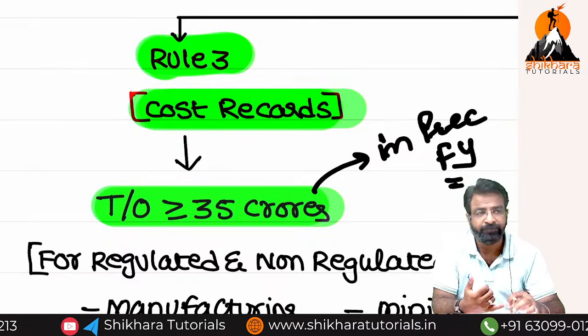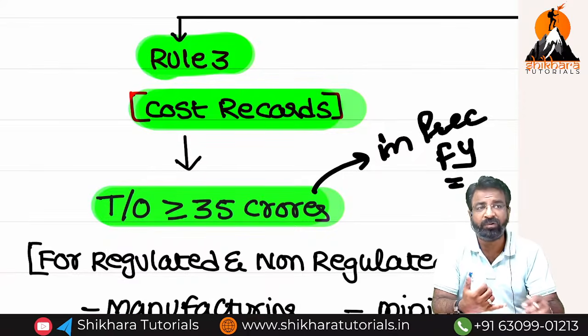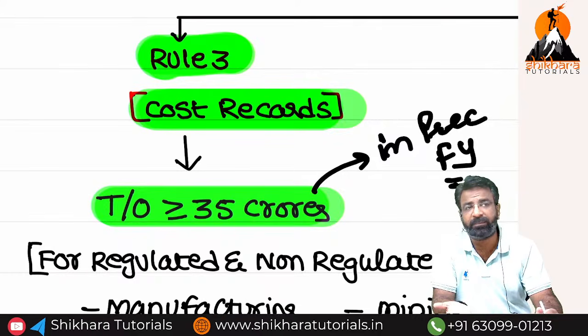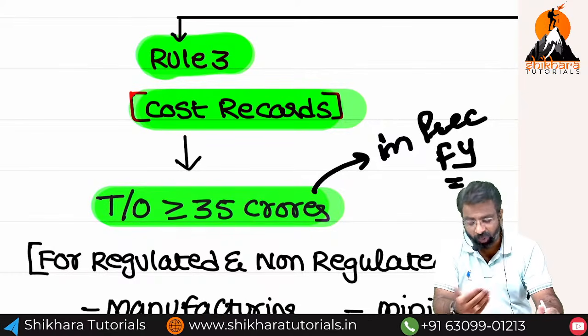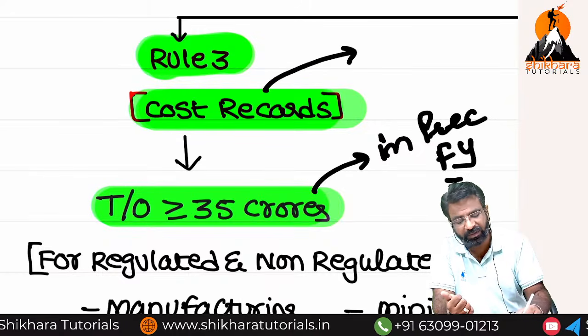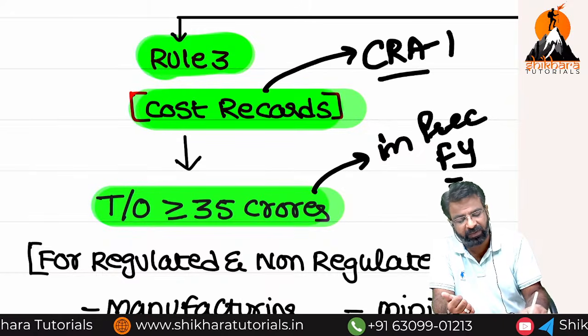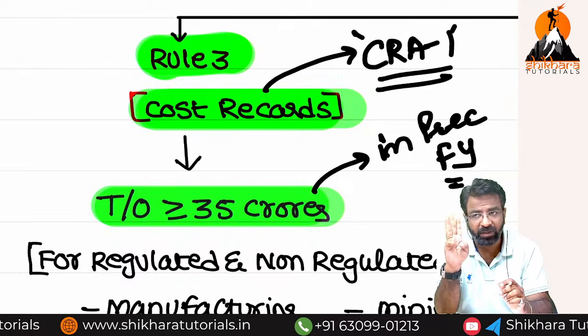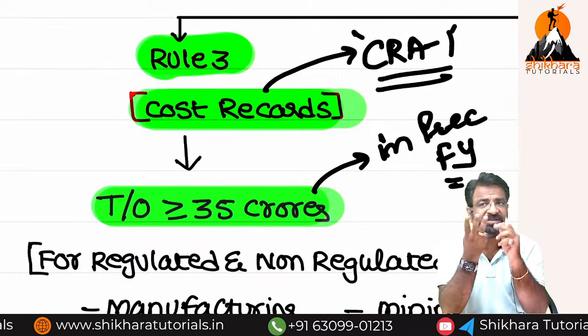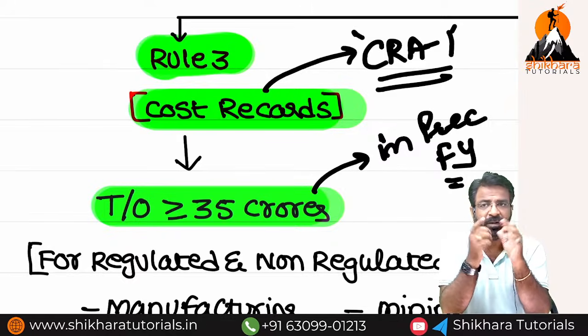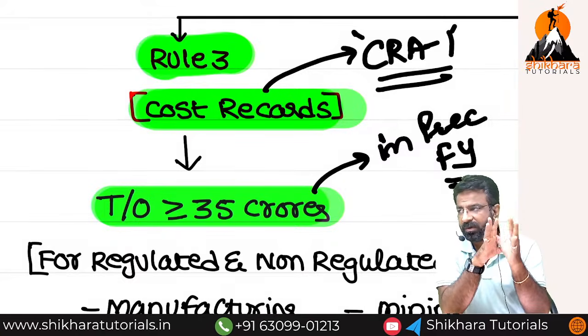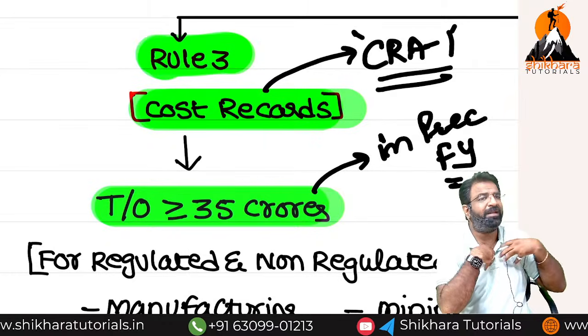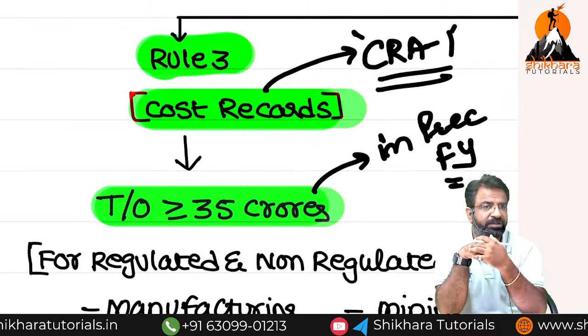How many? 30 cost records. Out of 30, some might be applicable to you, some might not. The form number for cost records is CRA-1. So the rule number is 3, the form number is 1, and both are talking about cost records. So tell me, when as an entity do I have to start maintaining cost records?